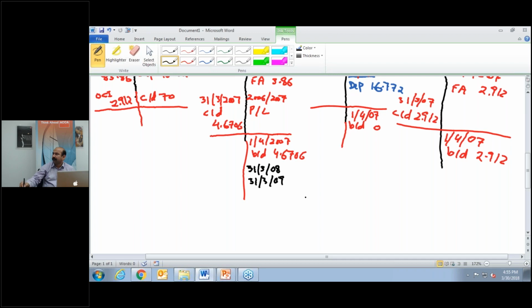The cumulative effect of these two will be 0.9808. This will be the cumulative effect of unwinding.